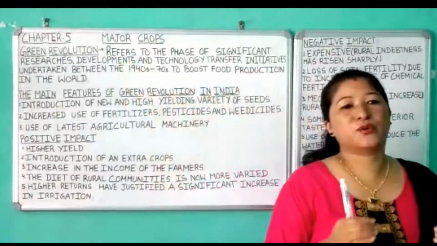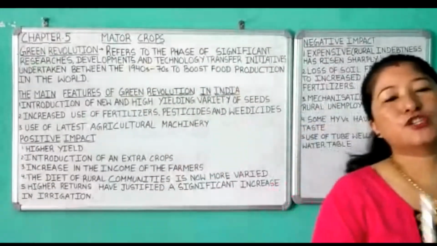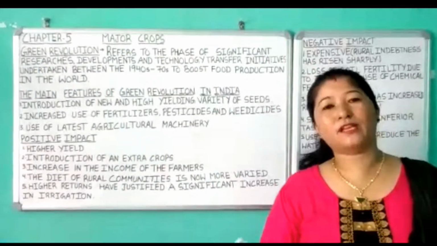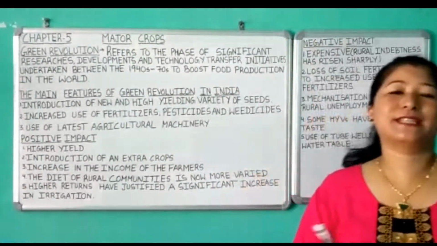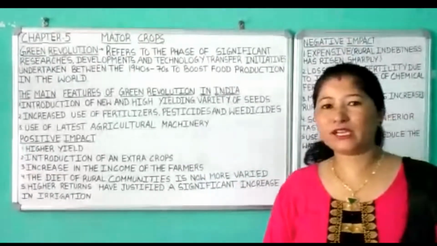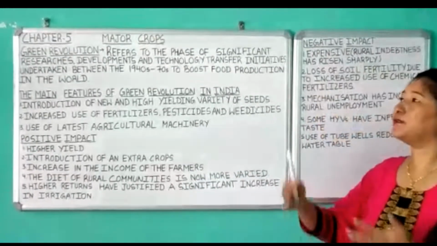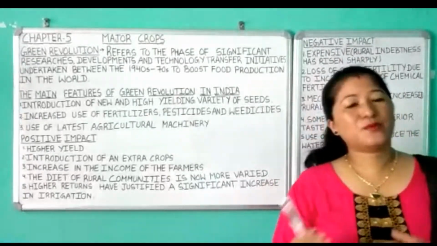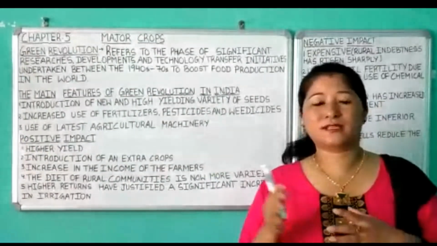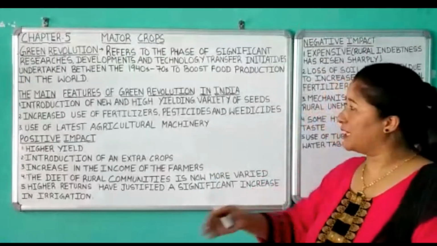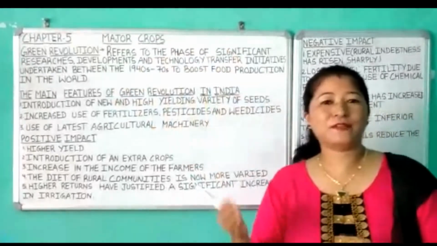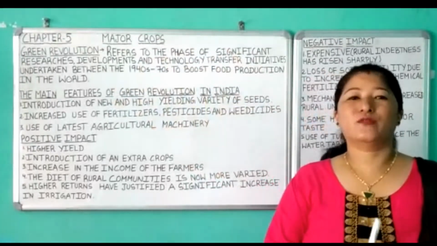In short, it is the answer to the food problem in many parts of the developing world in the post-1960 period. So we can say it solved the problem of food shortage in the world. India was one of the countries to start this revolution, and India benefited a lot from it.